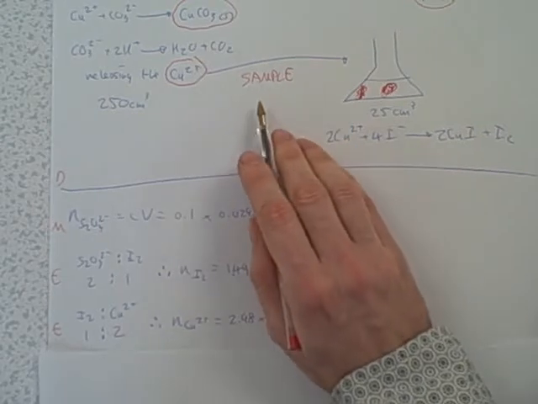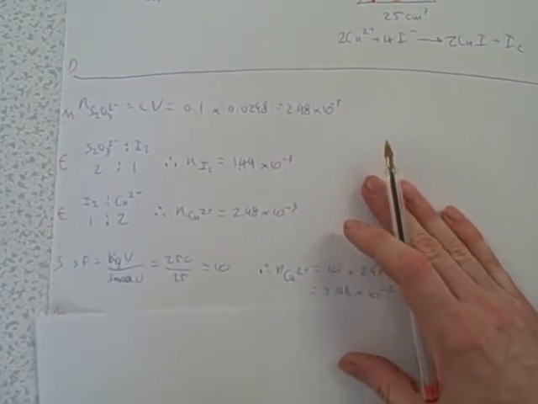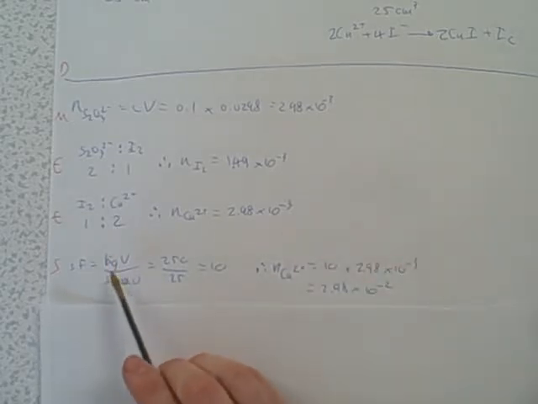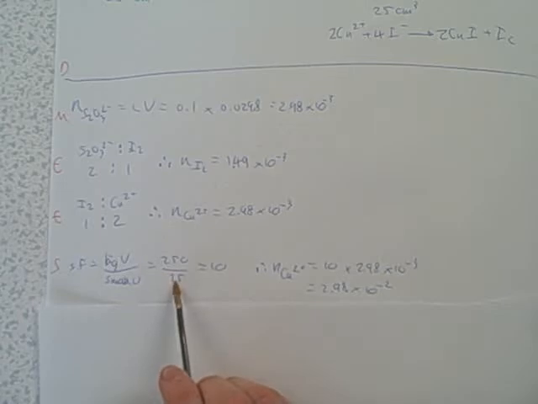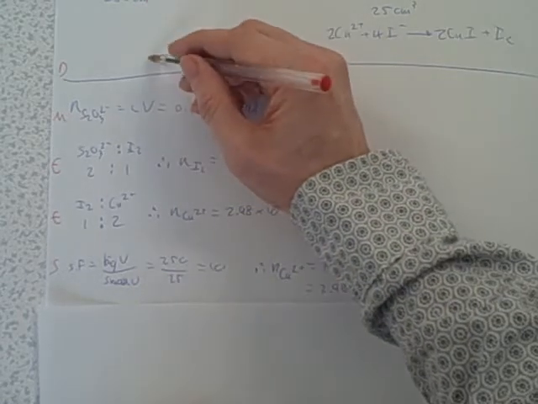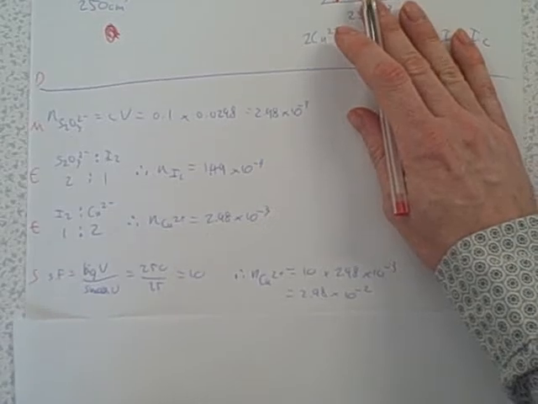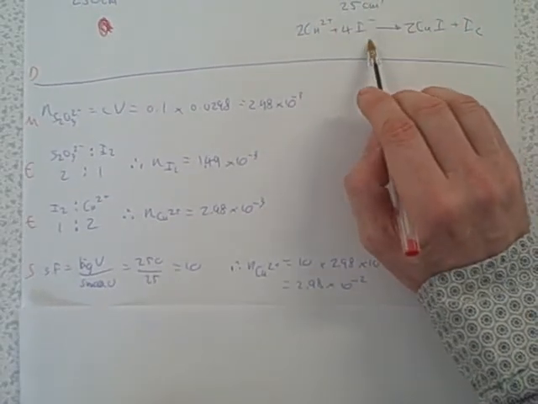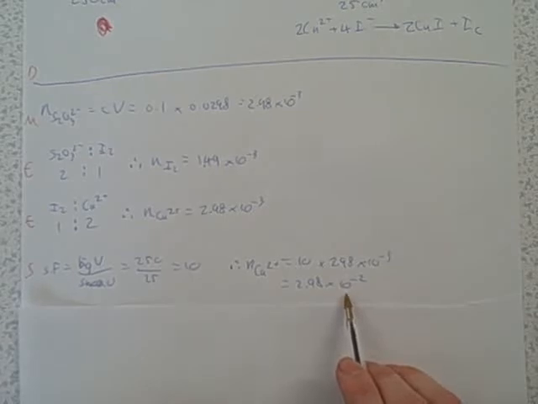Doing the diagram really helps you spot that. So we need to figure out our sample factor, which is big V over small v, which was the 250 from the original over the 25 from the final, which is 10. So our moles of copper in our original solution, so we're now going back to the original, is 10 times our moles in the titration, which would be 2.98 times 10 to the minus 2.